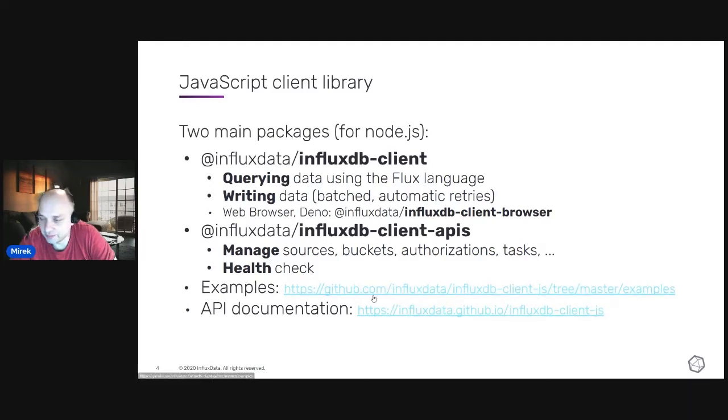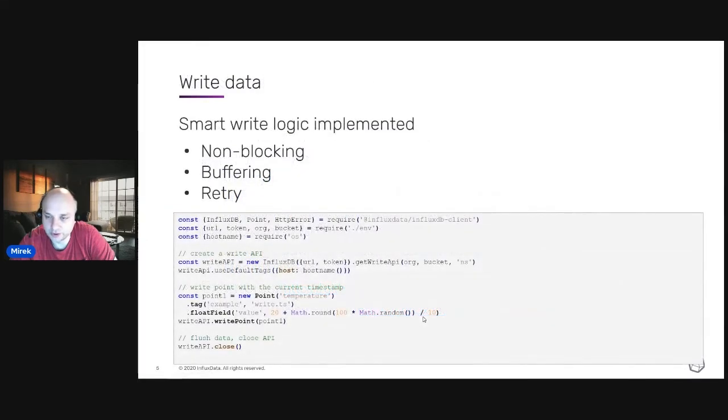There are a lot of examples available, which show each operation you can do with this library. Of course, there is also the API documentation. Now let me show some basic operations. The first one is how to write the data. Here is the definition of some basic constants that we are going to use to connect to the InfluxDB database.